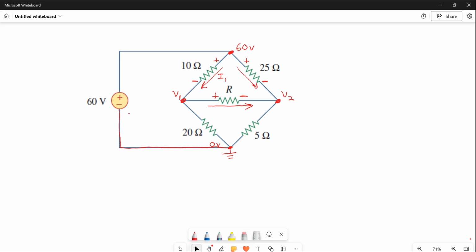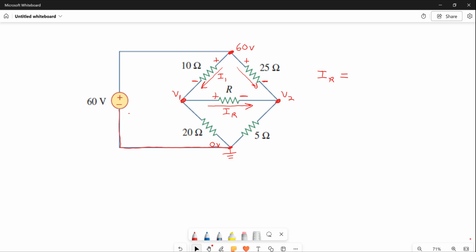If you take a look, and I call that current there IR, the current through that resistor R is always going to be equal to the voltage on the positive side.